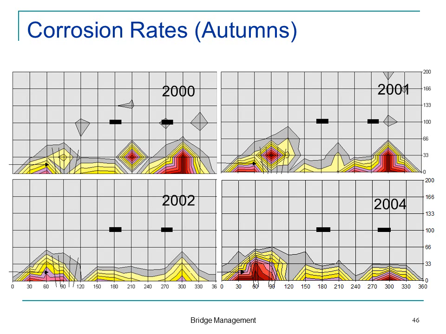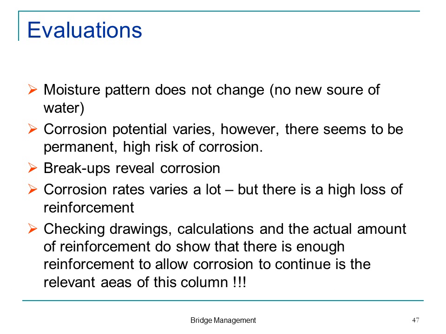Corrosion rates, that is, how fast the reinforcement will actually corrode. Well, with these mappings you can see that, hey, this seems to vary quite a bit. What we normally say is that moisture patterns don't really change.